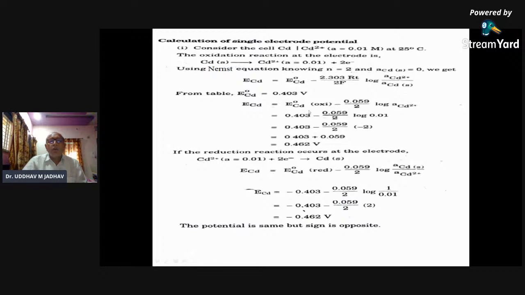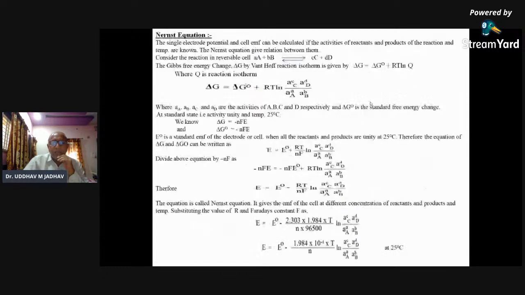And that's why the EMF of this electrode is equal to E naught oxidation of this electrode minus 0.059. Now see here, last time we calculated that the temperature is taken as 25 degrees centigrade, and by having the knowledge of all this and by dividing, the value comes out to be 0.059.